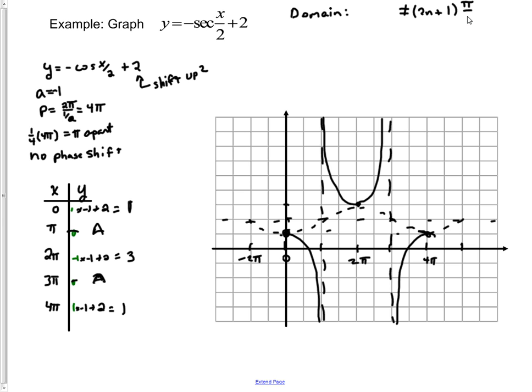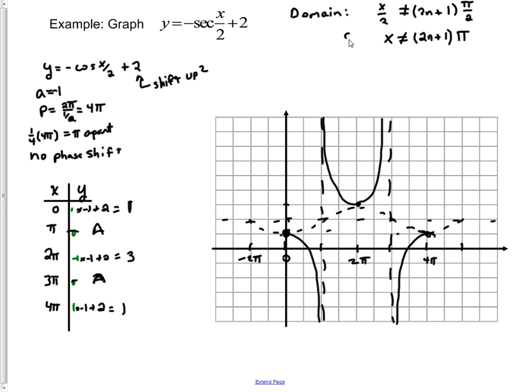But what we do to adjust for our new domain is that we set our argument x over 2 not equal to that. Well, if we multiply both sides of this inequality by 2, we get x is not equal to 2n plus 1 times pi over 2 times 2, well, that's times pi.